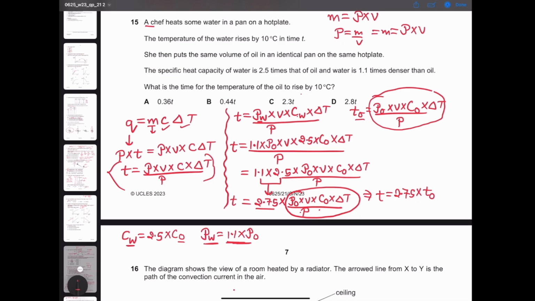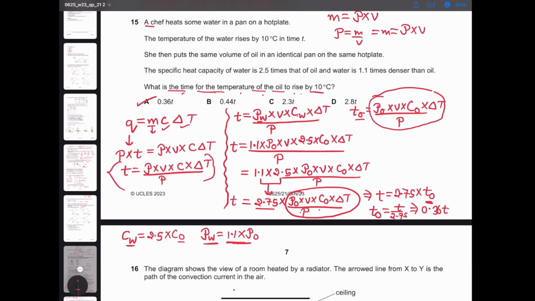And we are finding out what is the time for the temperature of the oil to rise by 10 degrees Celsius. Time for oil we have to figure out. So this will be T over 2.75. When you divide 1 by 2.75, it comes out to be 0.36. So this is 0.36 into time. So the answer is A.